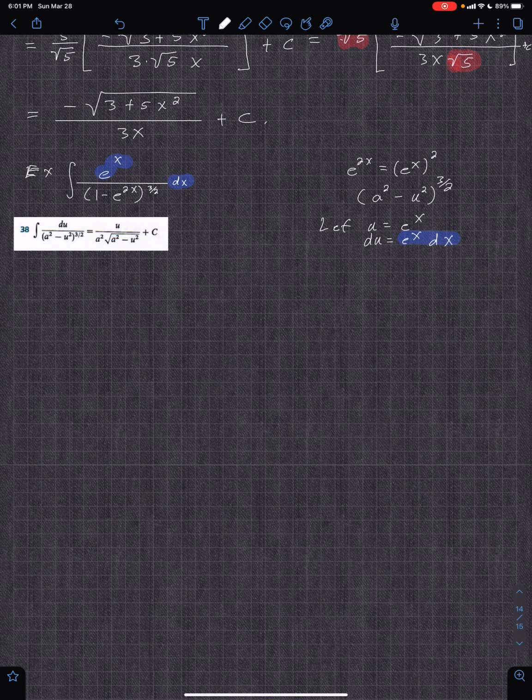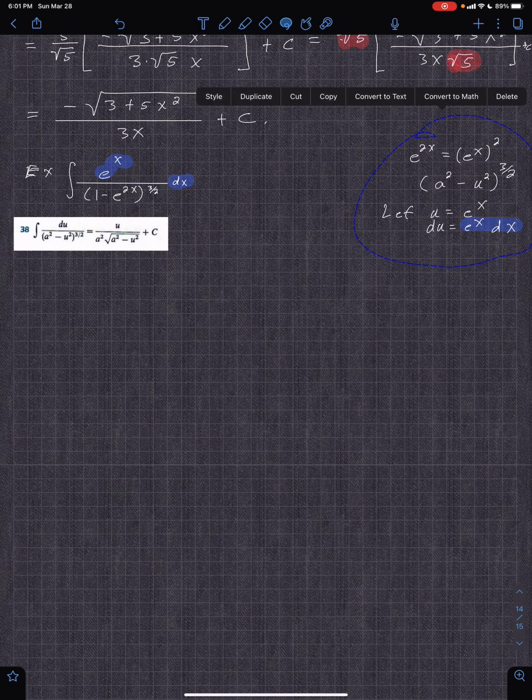All right, so now we can manipulate the integral expression to simplify it. So let's see what we got.